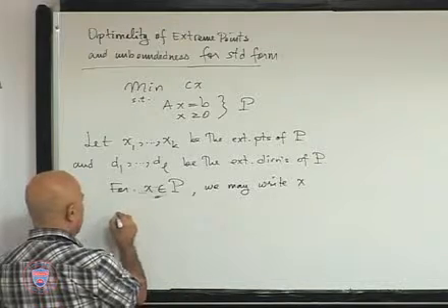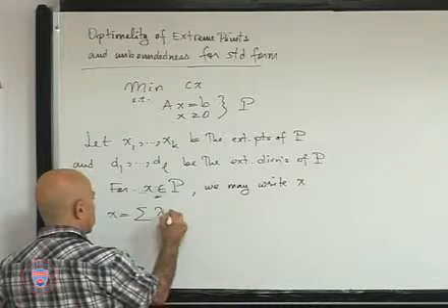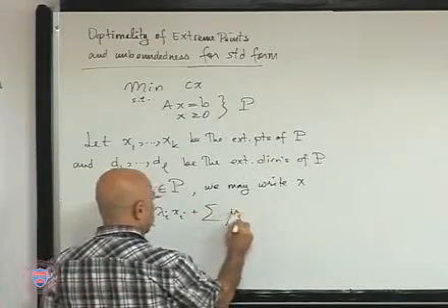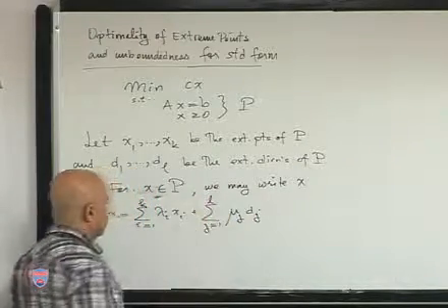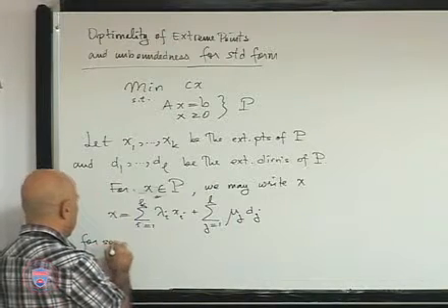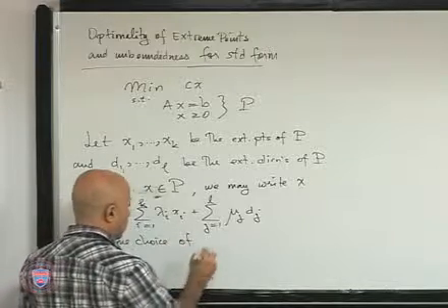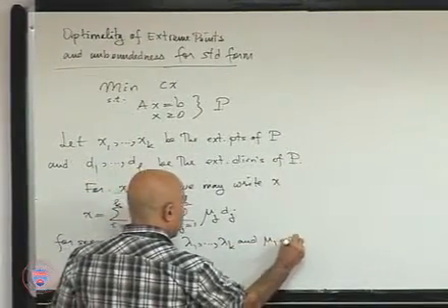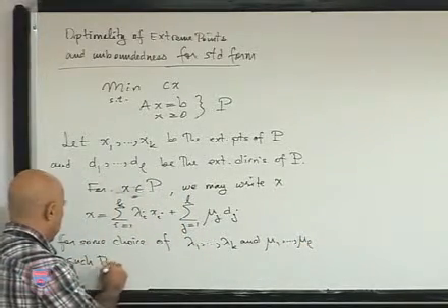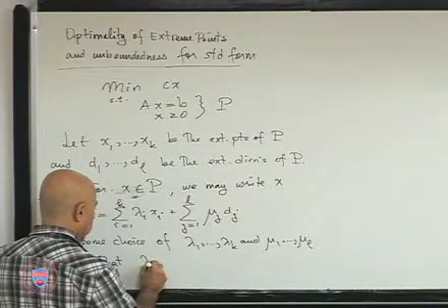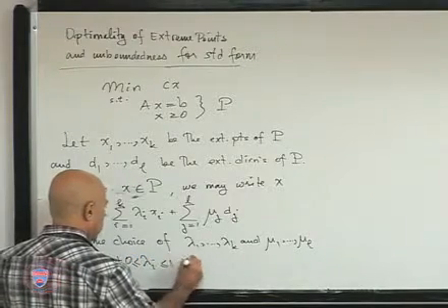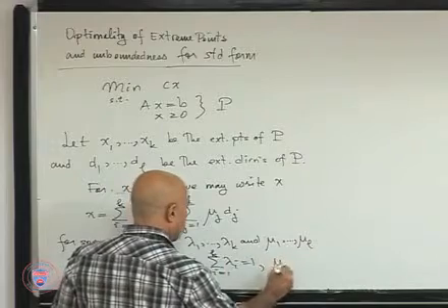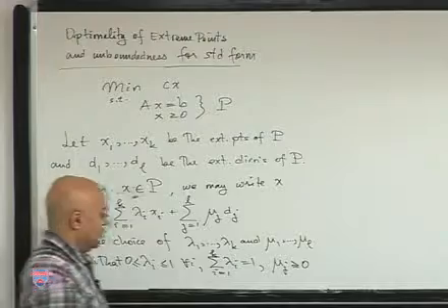So x is going to be equal to the sum of lambda i xi, i going from 1 to k, plus the sum of mu j dj, j going from 1 to L, for some choice of lambda 1 through lambda k and mu 1 through mu L, such that each lambda is a number between 0 and 1, they add up to 1, and each mu is a number greater than or equal to 0.